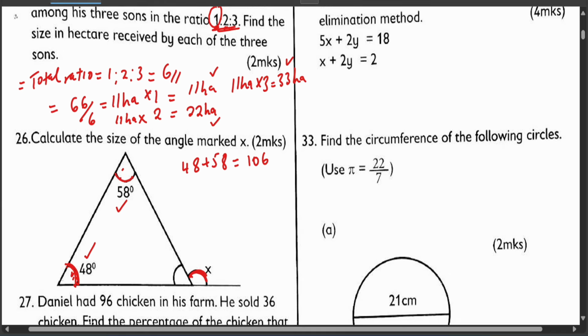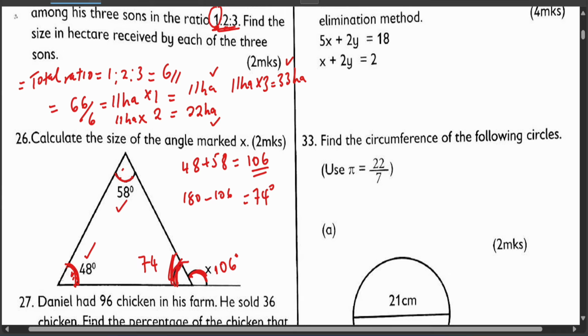Another way labda tufanye, but bado itakupa the same thing. After adding utapata 106. Unaweza chukua 180 minus 106 ndo ikupe hii hapa. So 180 minus this answer itakupa 74. And angles in a straight line add up to 180.